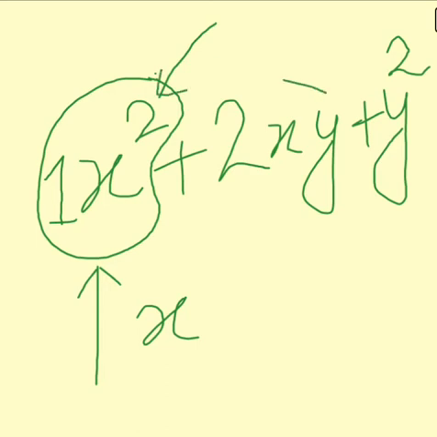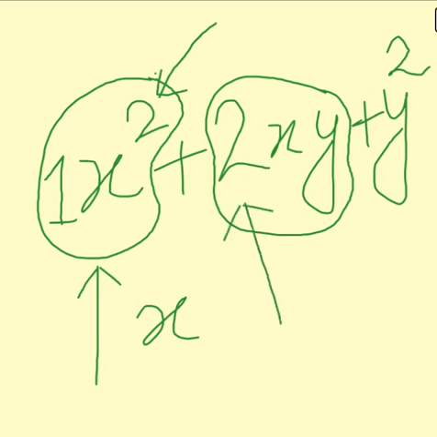Let us go to the second term of this expression. We have 2xy. Here the coefficient is 2 because this number is written on the left side of the letters x and y. As I have already told, coefficient is always the number, and this is the numerical coefficient.